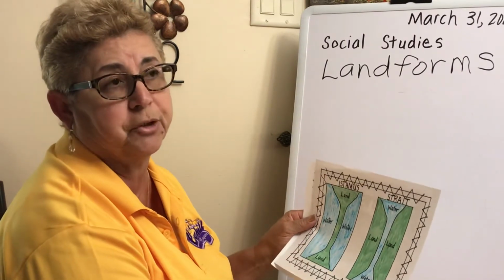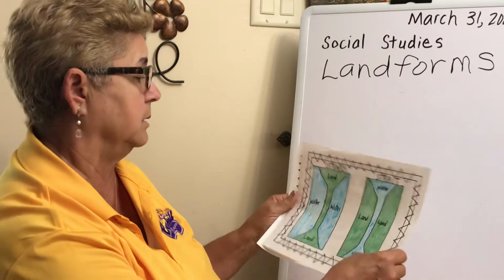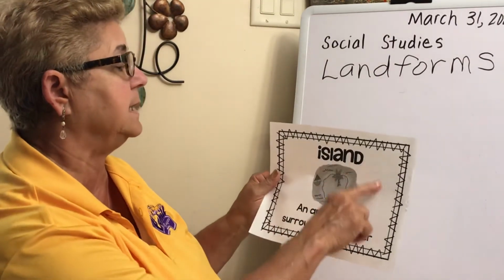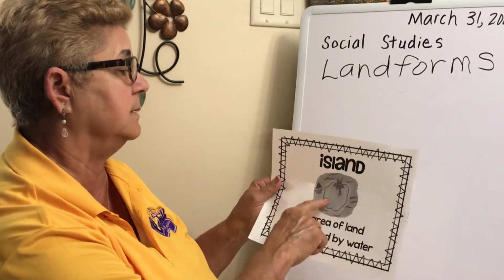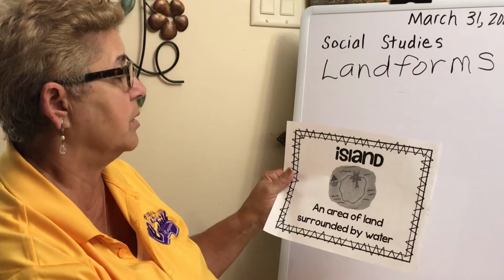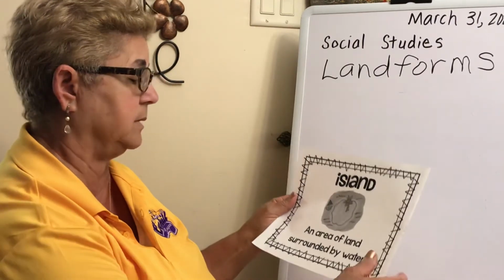And the only strait that I can think of right now is called the Strait of Gibraltar. And then this is the island. The island is land, and it's completely surrounded by water. And if we think of Hawaii, Hawaii is completely surrounded by water.